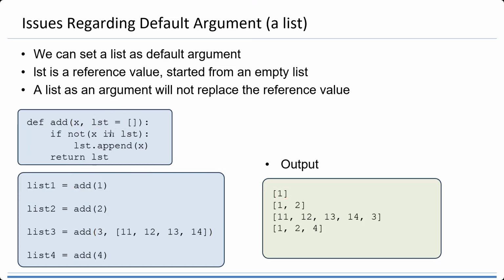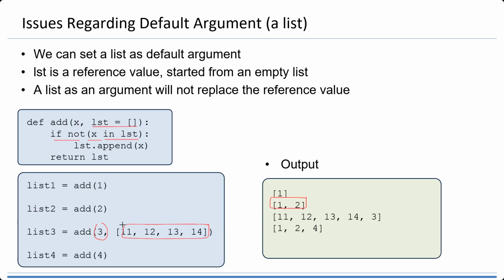Now we will check: if not x in lst, so x is 3, is it in lst? But now the question is, which list? Whether this list is from this list, or whether the list is from this list.